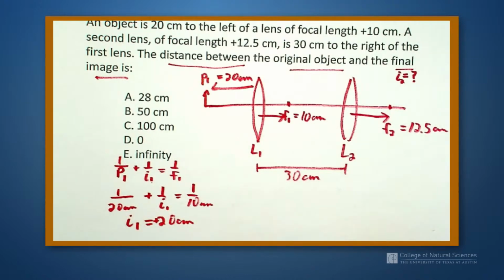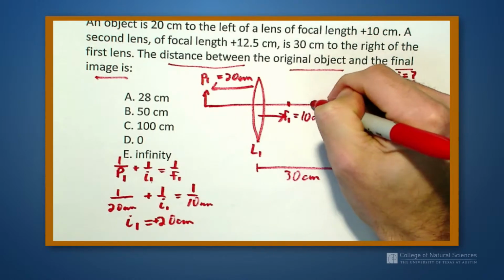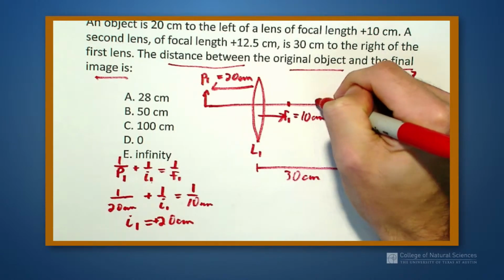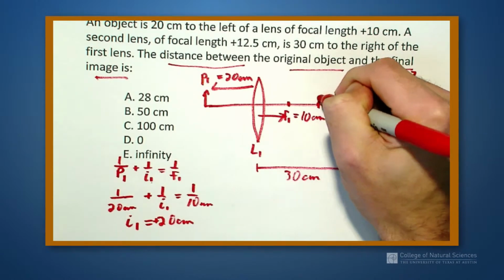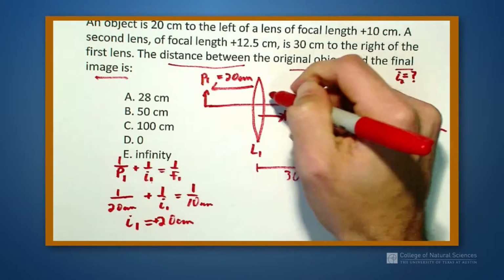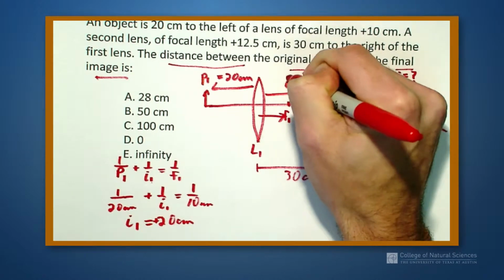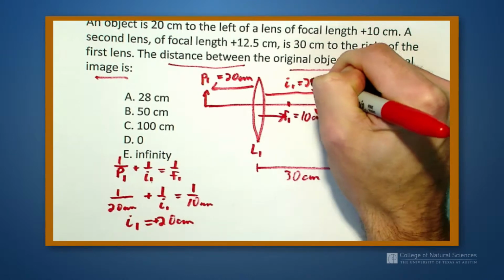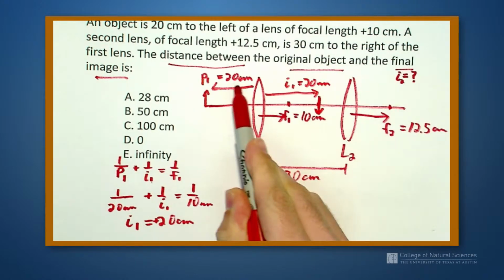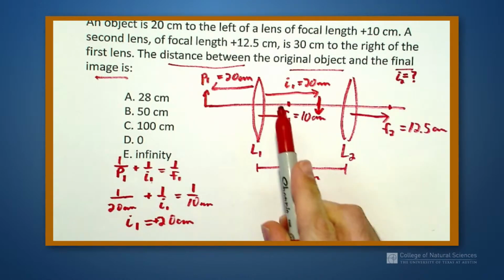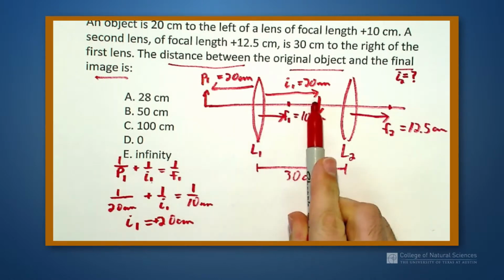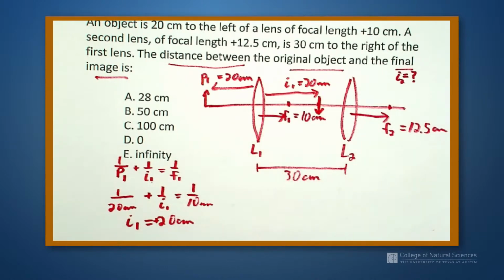So if I were to draw this in on our picture, we would get our first image, I1, to be 20 centimeters past the first lens. It's positive 20, so I'm on the positive side of the first lens.